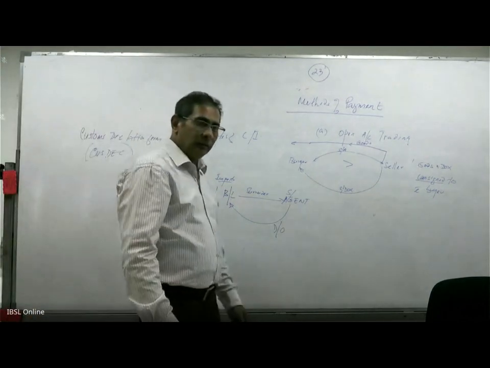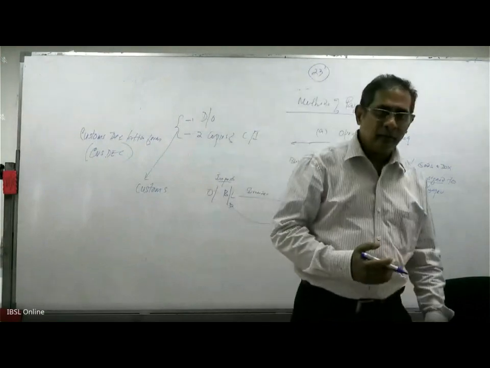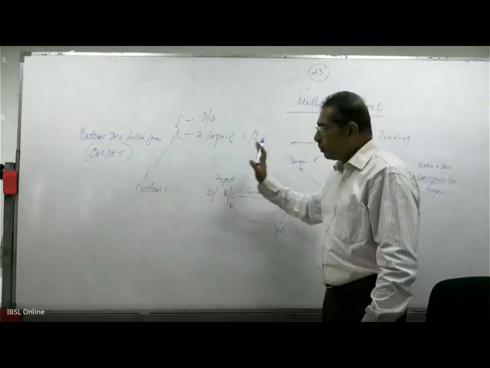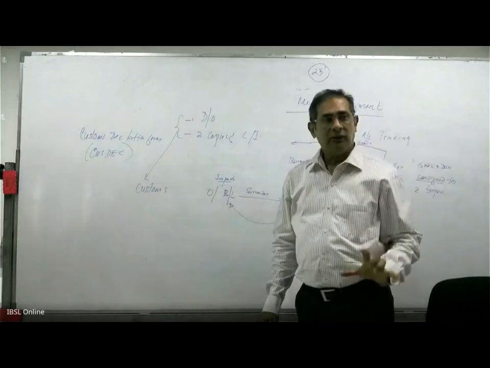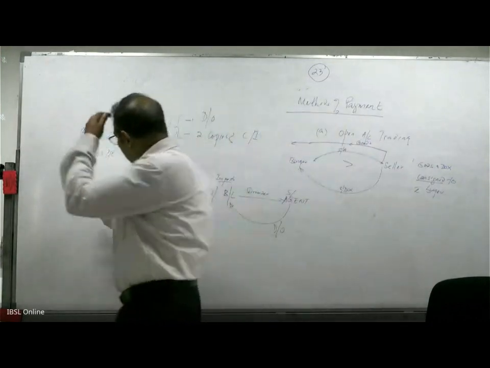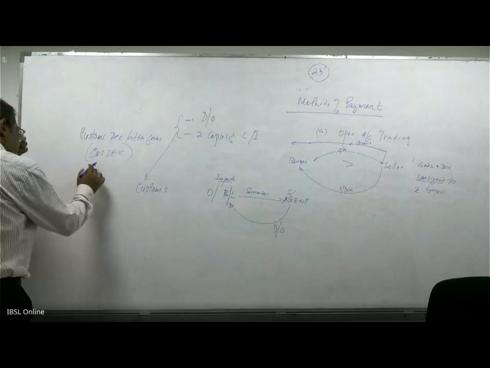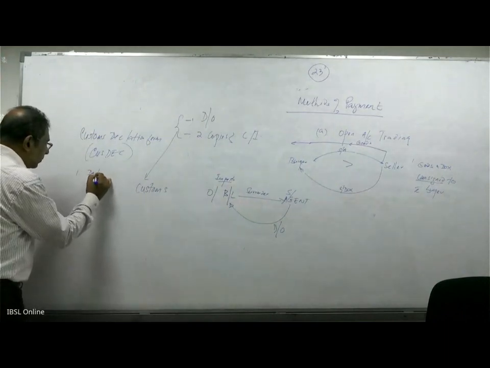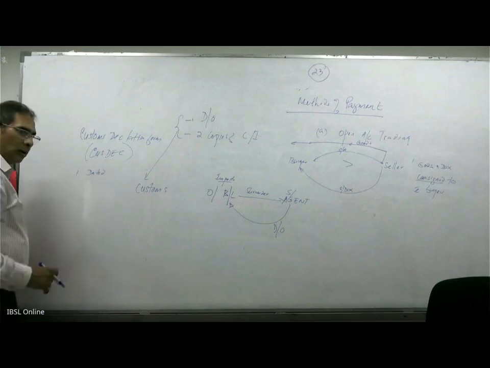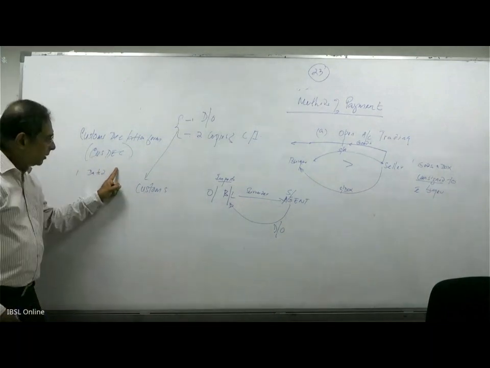I need to mention there are many features in the CUSDEC, but I will cover only what is relevant to the open account. One thing is, this CUSDEC document has to be dated. Not because it's a CUSDEC.